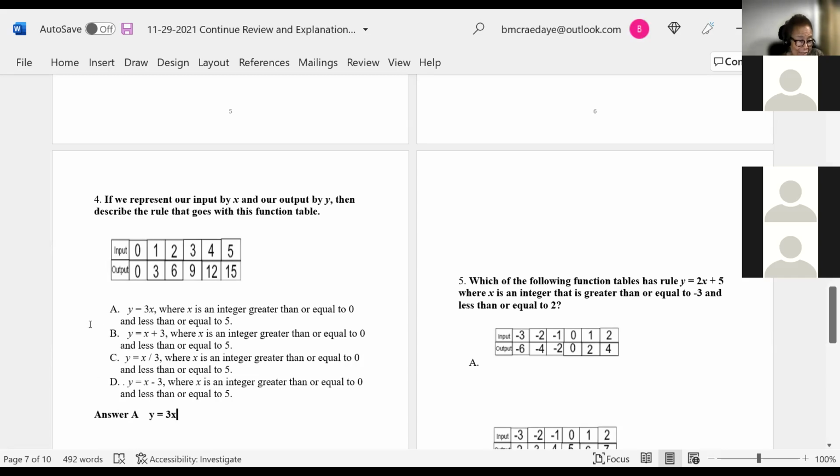Y equal 3X. X is 4. 3 times 4 is 12. X is 2. 3 times 2 is 6. Questions?